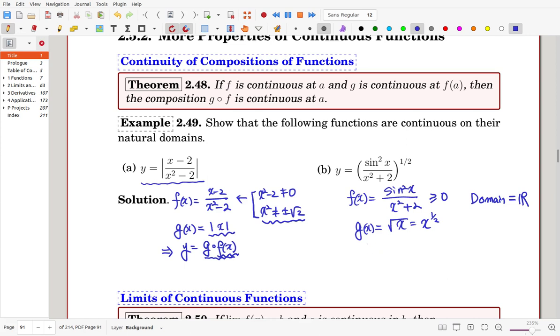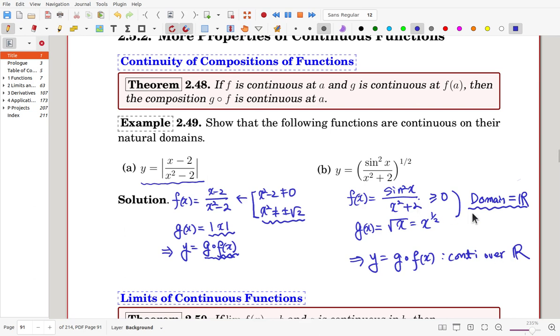And the range is non-negative, so every point is well defined. So overall, this domain is the whole real line. This is continuous, and also this one is continuous, so eventually y equals g of f of x is continuous everywhere, that is, over the whole domain.